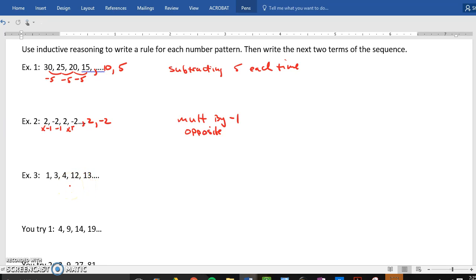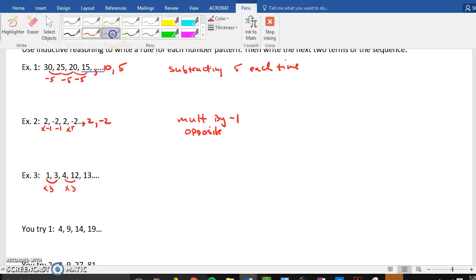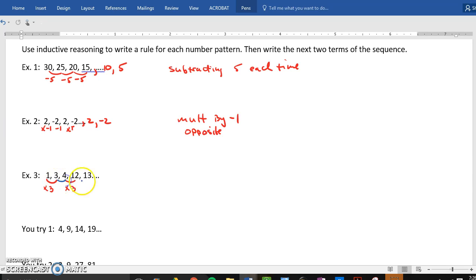I notice 1 to 3 is times 3, and 4 to 12 is times 3. But what's happening in between? Well, 3 to 4 and 12 to 13 goes up 1.